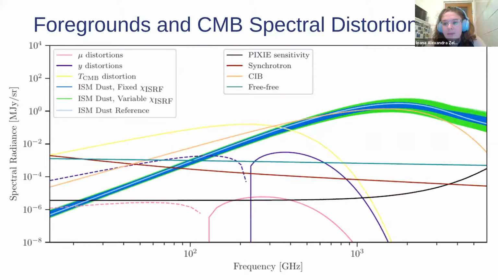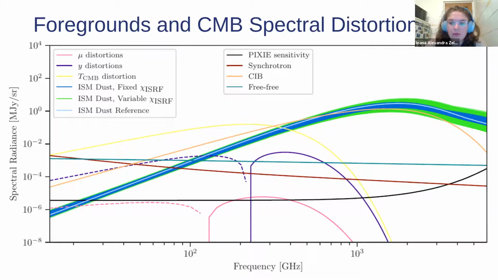So when I look at my dust emission, which is this blue-green band, this is the entire band. The green one includes variation in the interstellar radiation field, which heats up the dust, and the blue collection is with that radiation field kept constant.